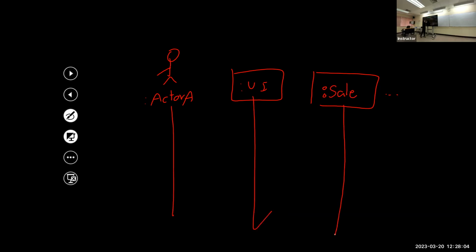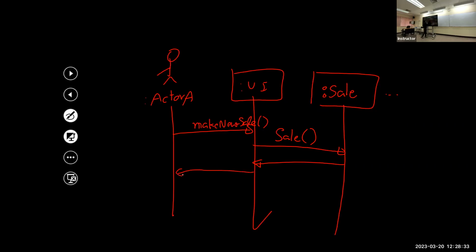Whether to have UI or not depends on how we make the design. But say an actor may activate make new sale to the UI. What the UI would do is create a new sale object. And then this returns something to the actor.